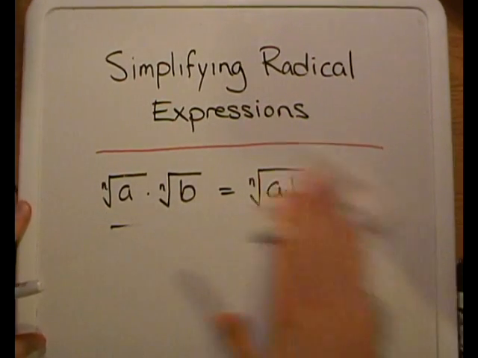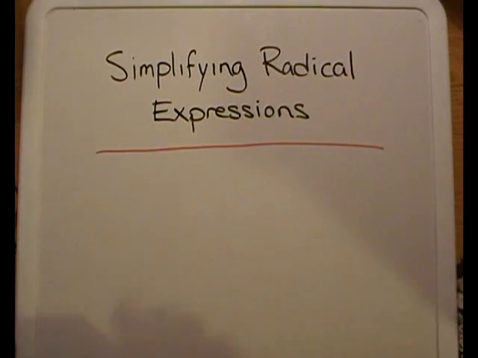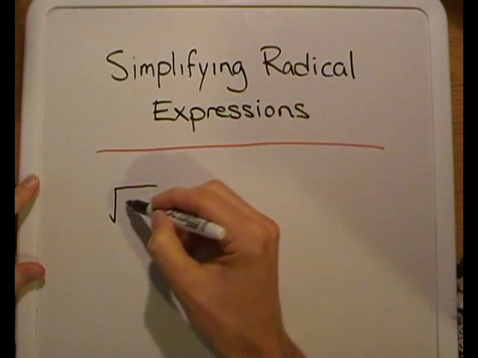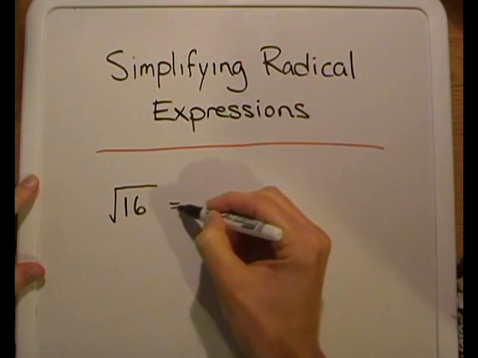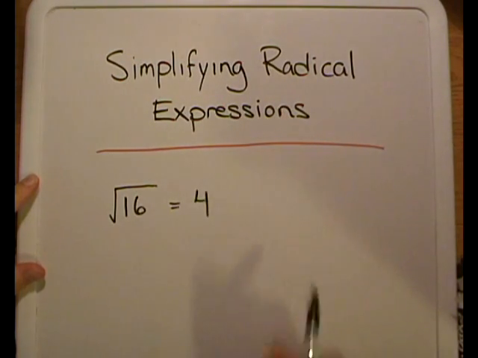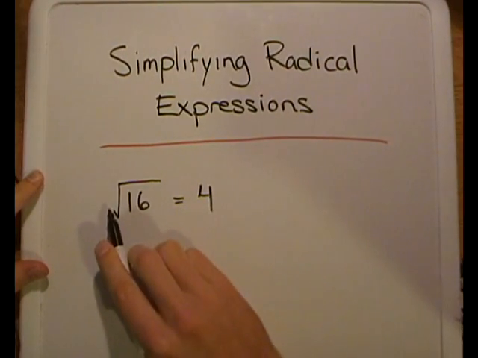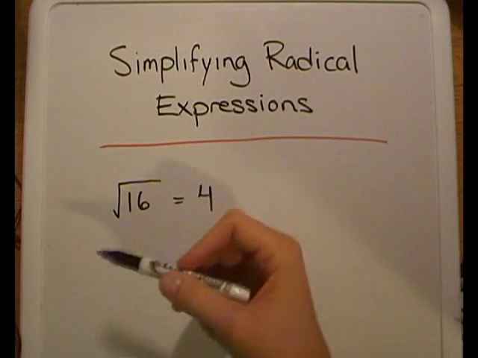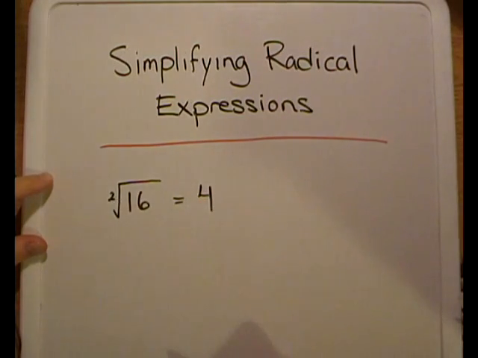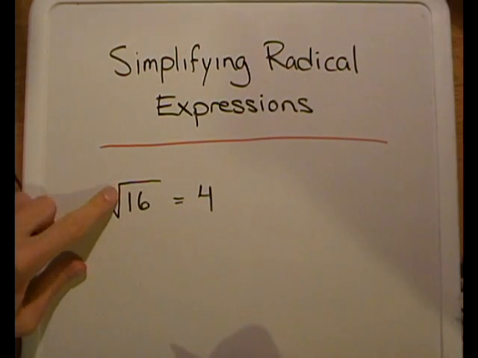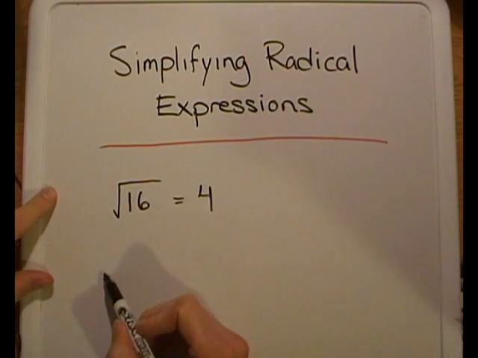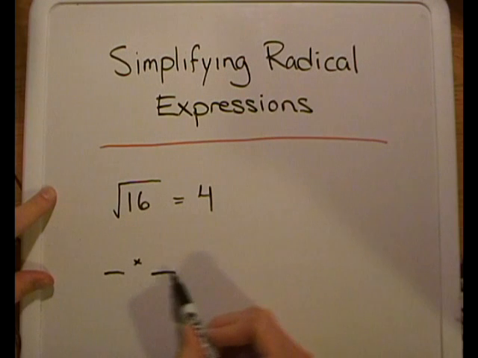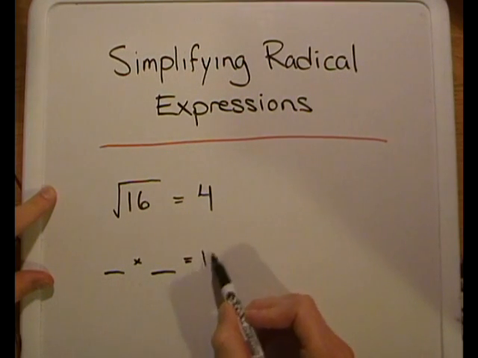So let's do a couple of examples. From previous math classes, you know that the square root of 16 equals 4. There's no number outside of this square root sign, which means that it's implied that it's actually a 2 here. What this 2 stands for is that you need to find two numbers multiplied together that equals 16.